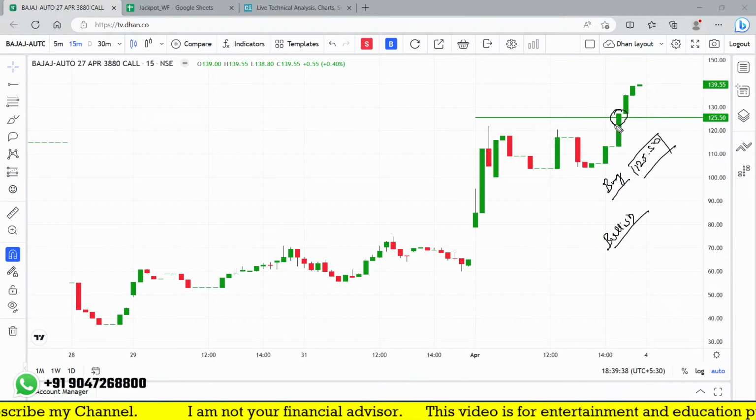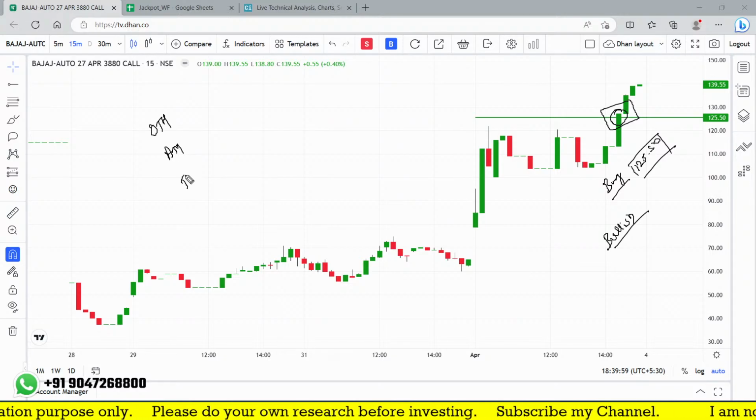And when it triggers, based on your risk ability, people try to find some opportunities, either positional by ATM options, ITM options or OTM options. So after this trigger we can apply OTM strike prices, ATM strike prices, and even ITM strike prices.